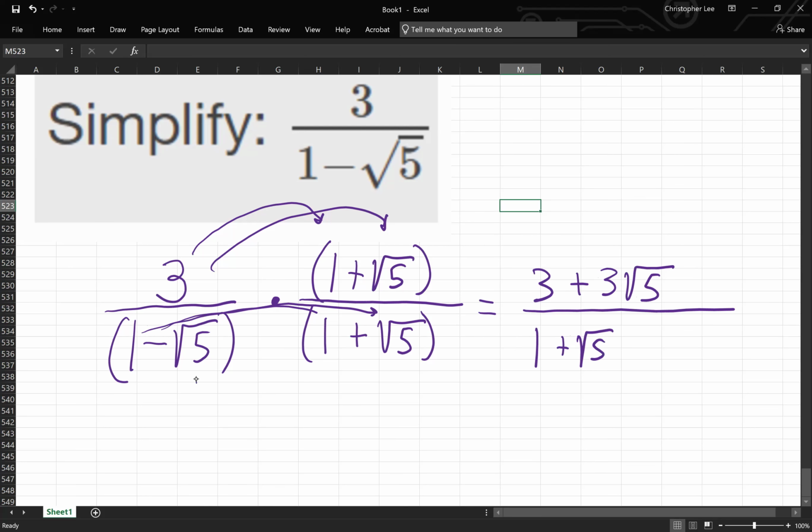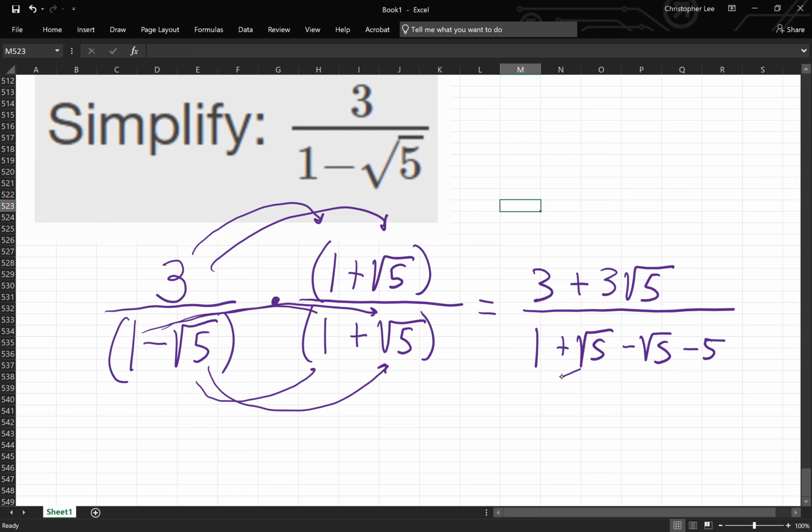What is negative square root 5 times 1? Negative square root 5. Good. Negative square root 5 times positive square root 5 is negative what? Not negative 3, negative 5, right? And then after that, combine like terms.